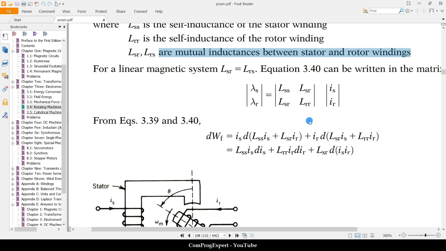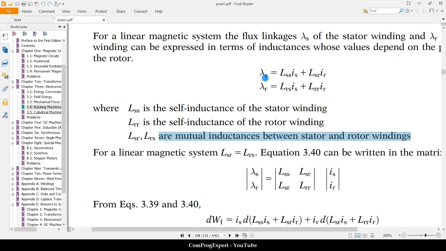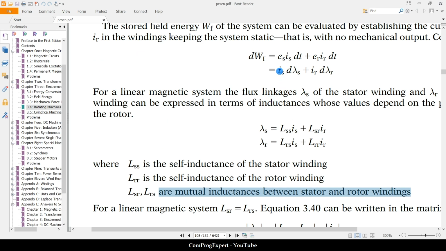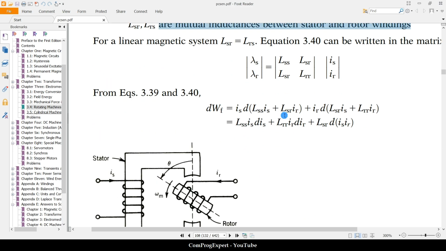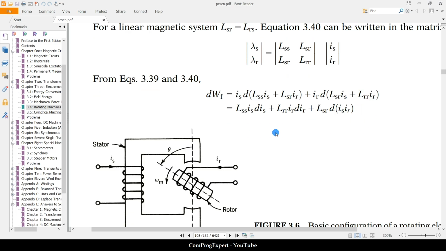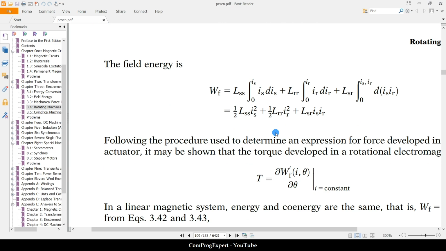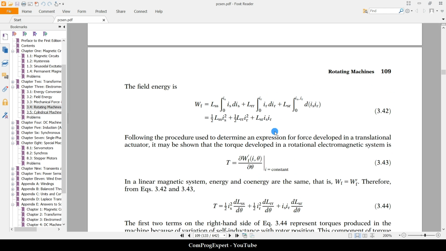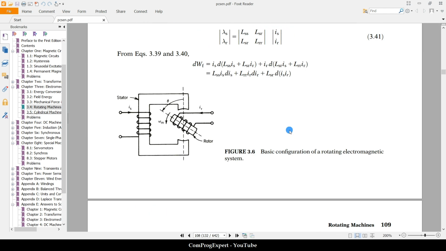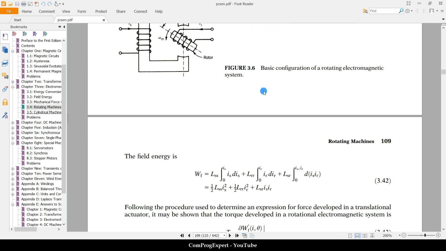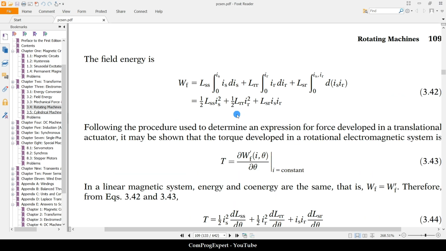If you replace the values of λS and λR in this equation, this will be the change, dWf. Okay? So finally, if you calculate the integral of this expression, we will have this equation.